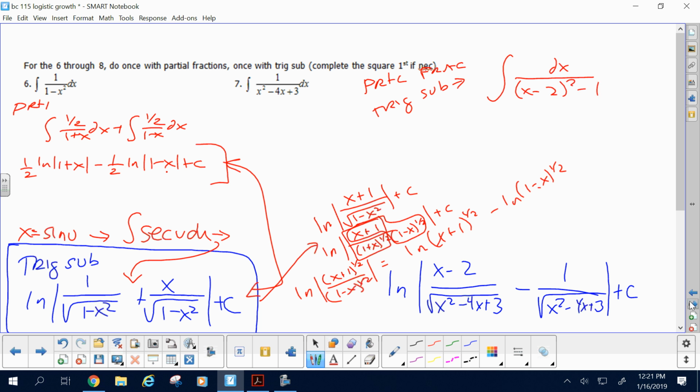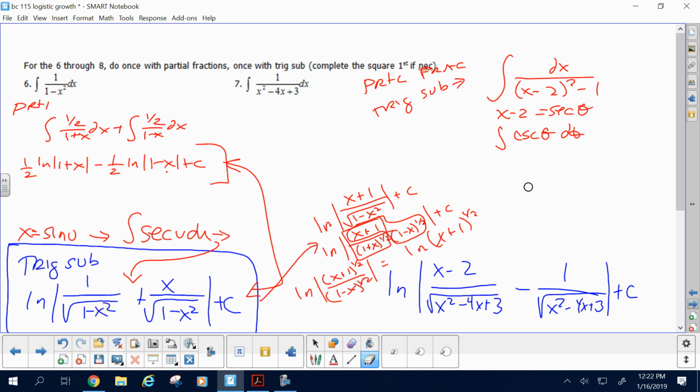If you don't have that, you made a mistake completing the square. Check that square. Okay, after that, your substitution should be x minus 2 equals secant of u or secant of theta. When you substitute in and clean up a ton, it should clean up to cosecant theta. And if it doesn't, you made a mistake somewhere in the cleanup.